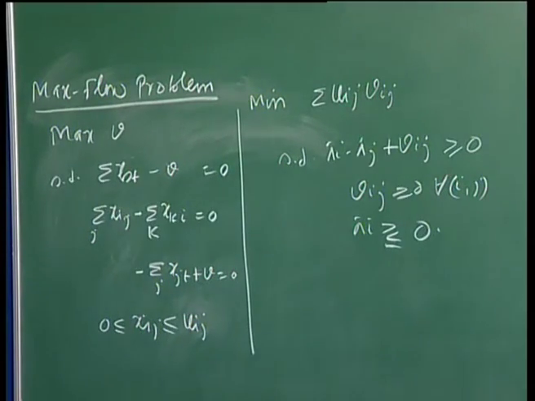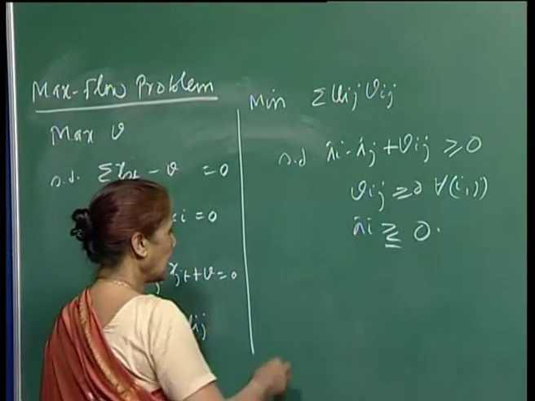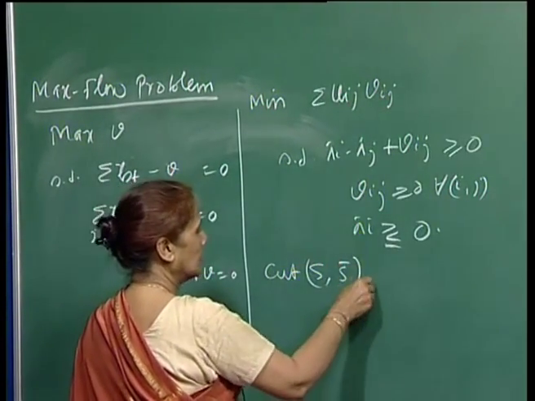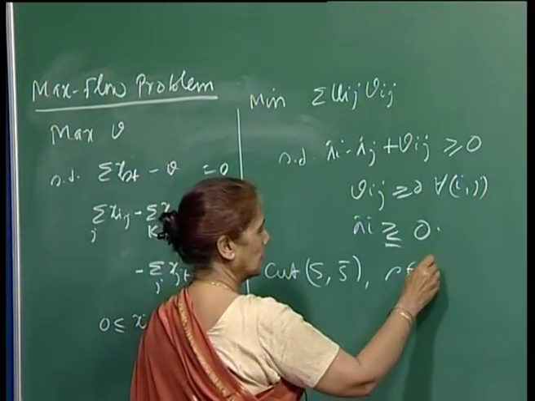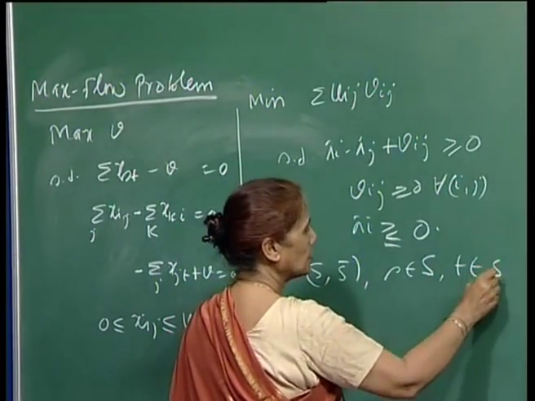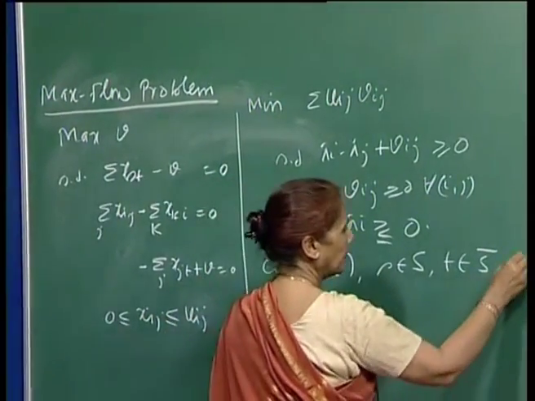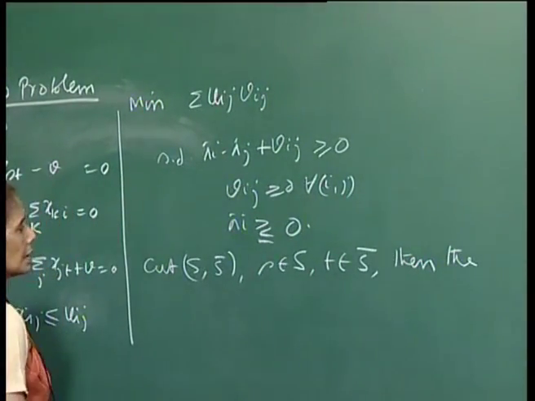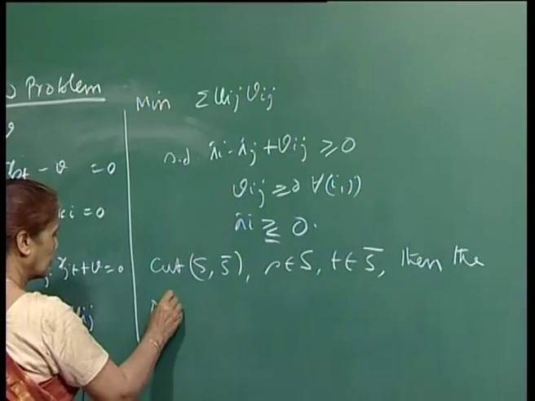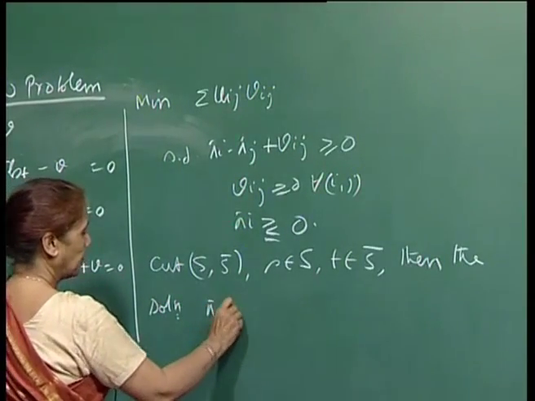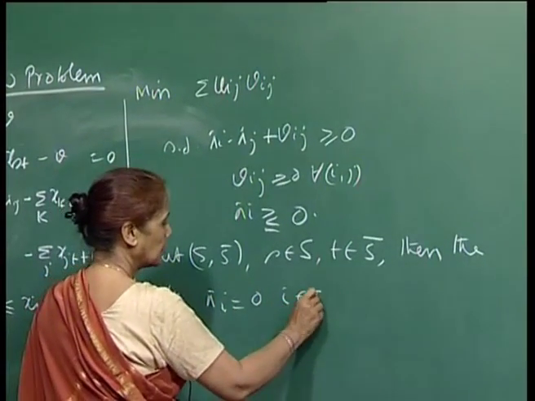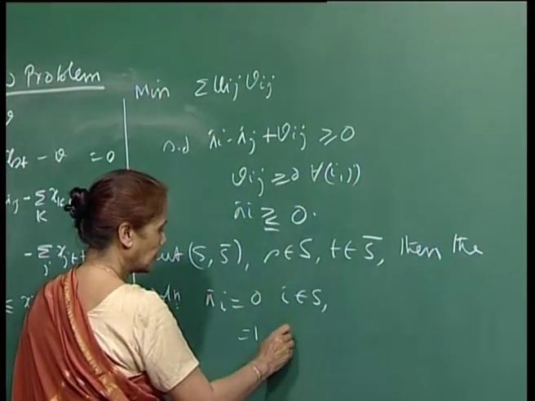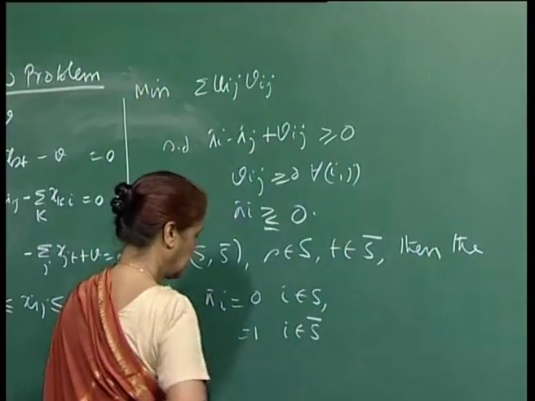So, this was the dual, and then I showed you that if you take a cut S, S bar such that S belongs to capital S and T belongs to S bar, then the solution where pi i is 0 for i belonging to S and is equal to 1 for i belonging to S bar, right.